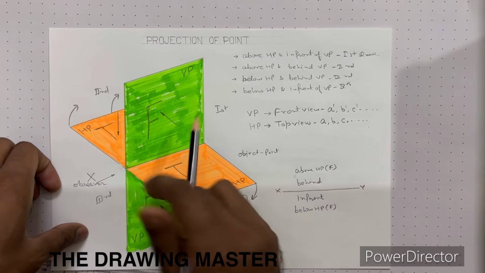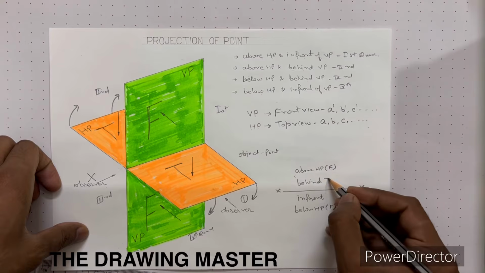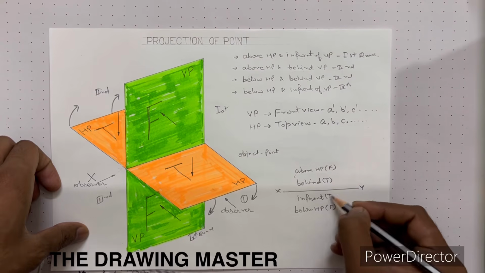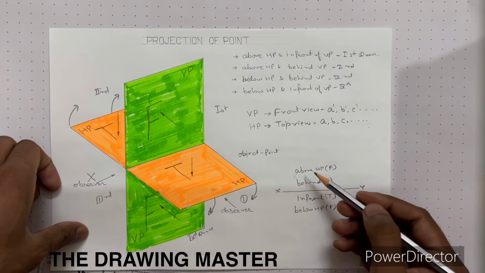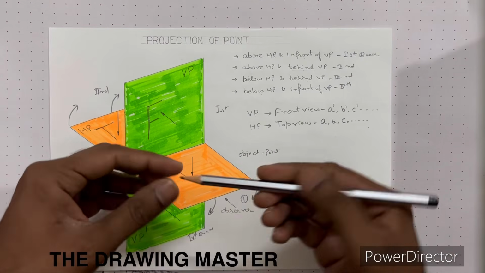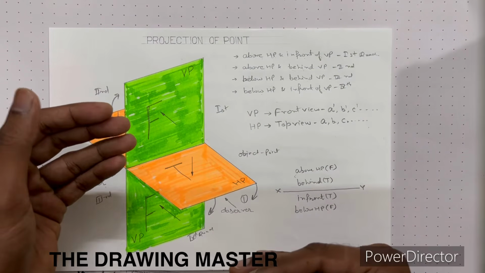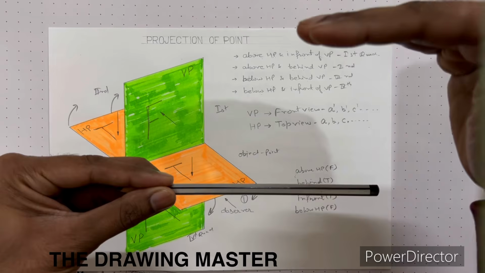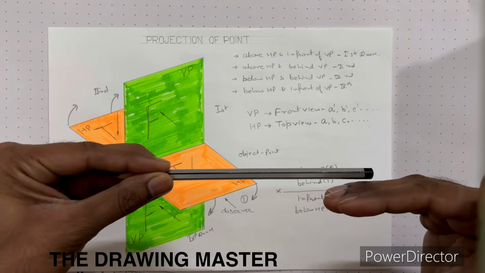And HP always contains the top view. Obviously, if this one is front view, this one will be top view. So first draw the reference line. Above means above the reference, below means below the reference. Simple सी बात है कि if something is moving above or below, it will be visible from front. Now what about behind and in front?